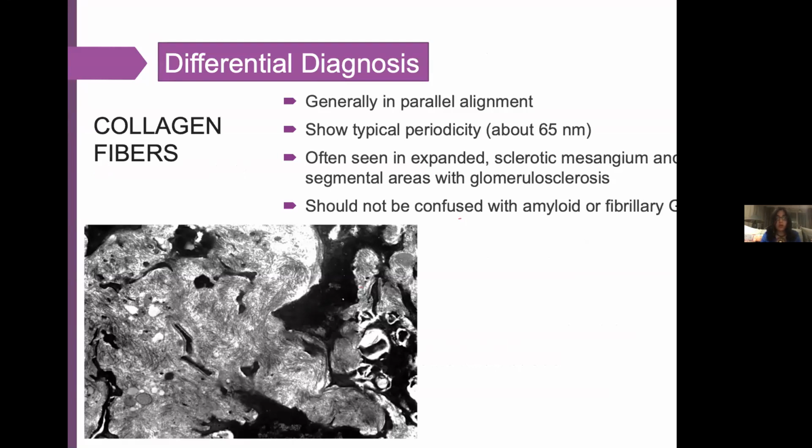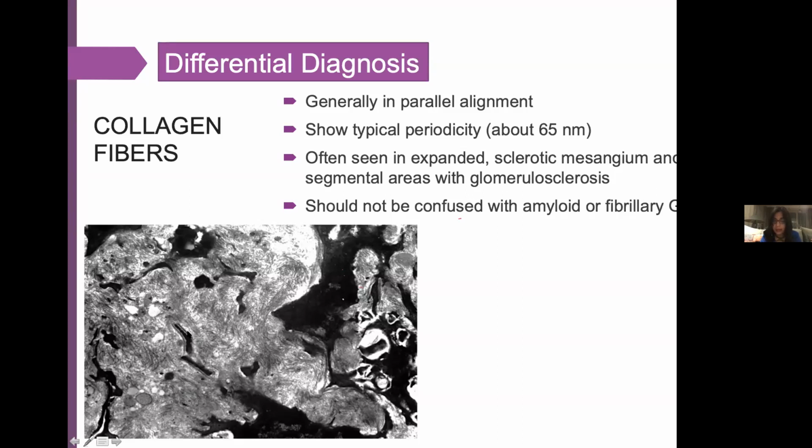So when we come to the differential diagnosis of diseases like fibrillary and immunotactoid by EM, as I mentioned in the first slides and am revising again, you will have to consider the collagen fibers, whether they are pathological or a chronic change, or you're just looking at a normal glomerulus. Bear this in mind: when you have glomerulosclerosis, do not judge on collagen fibers. Collagens are usually in parallel alignment.